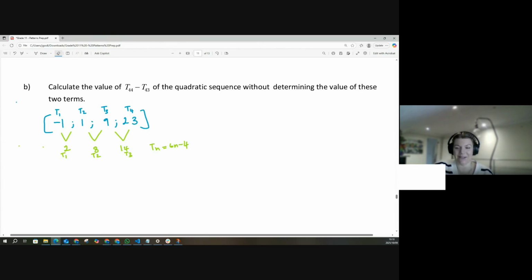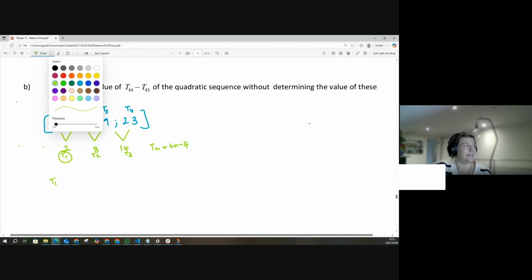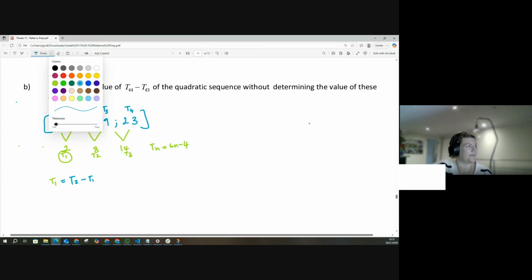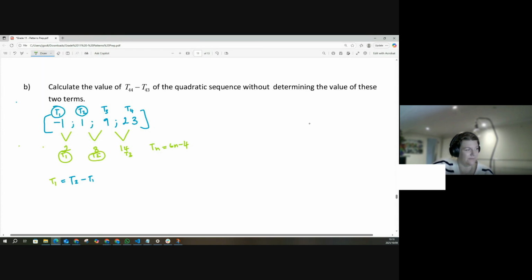Okay, let me take you out of misery. Term 1 of our linear sequence of our first differences is equal to our quadratic term 2 minus term 1. Term 2 is equal to our quadratic term 3 minus term 2.